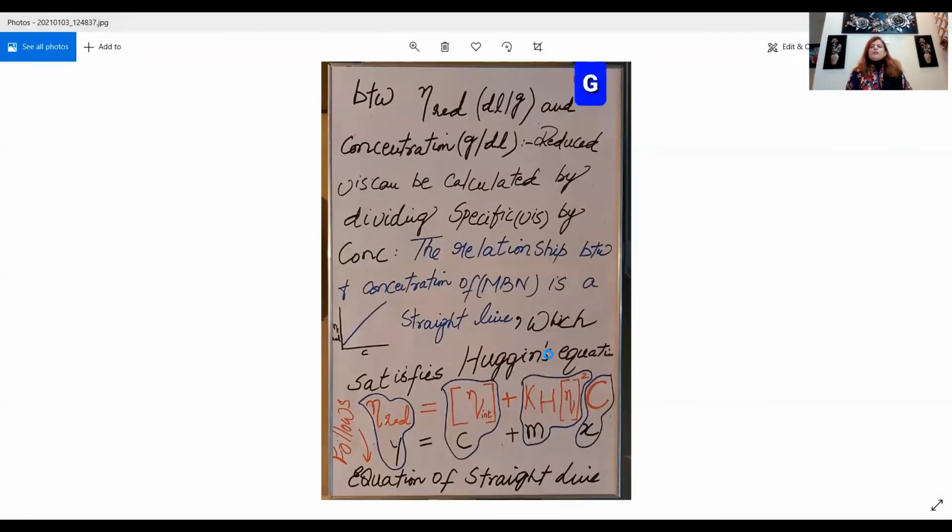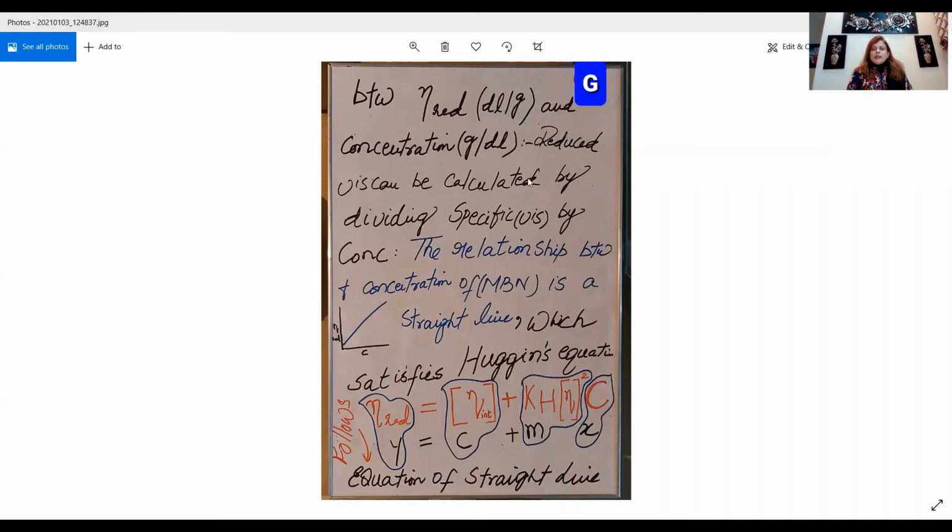The graph was plotted between reduced viscosity and concentration. The reduced viscosity, in deciliter per gram, is on the vertical side, the y-axis, and the concentration is on the horizontal side, the x-axis. Here you can see the graph.